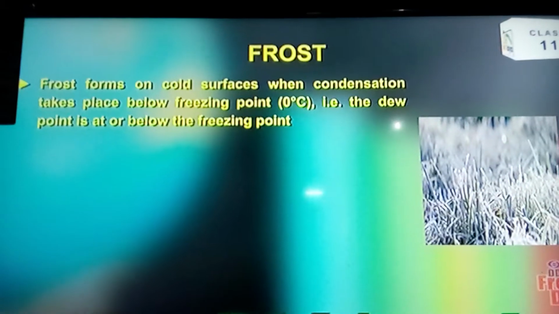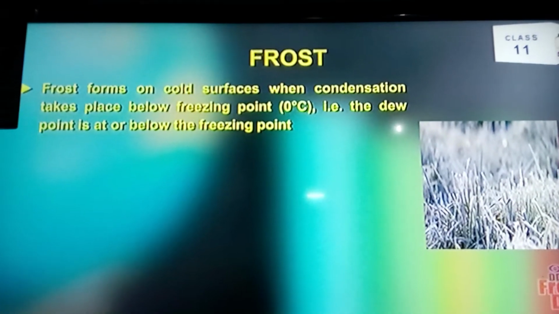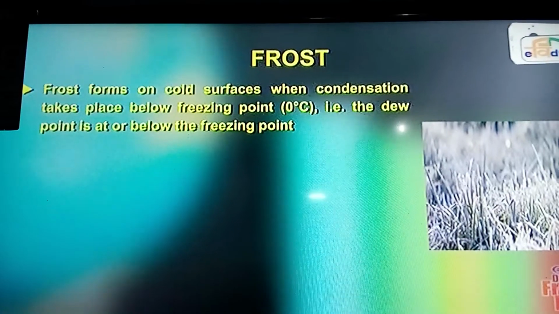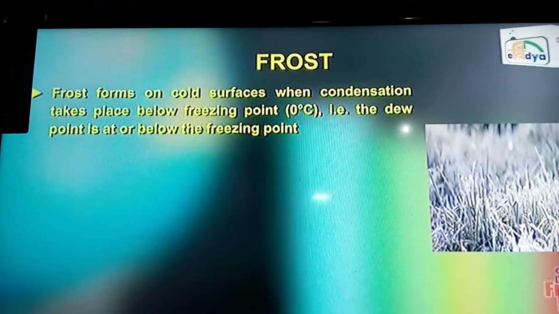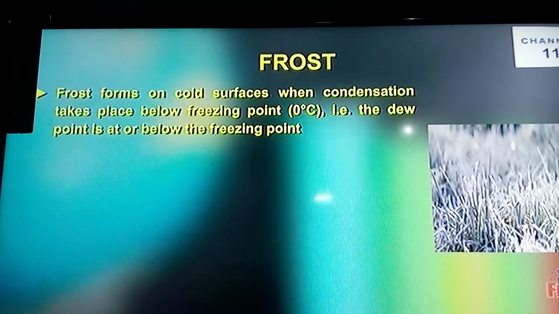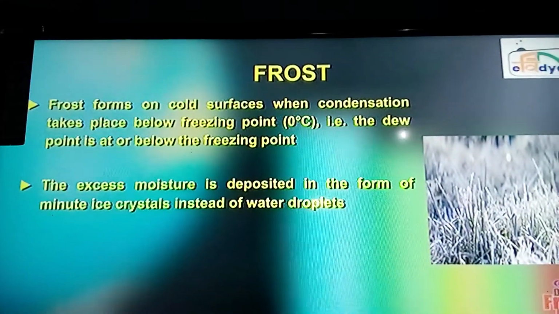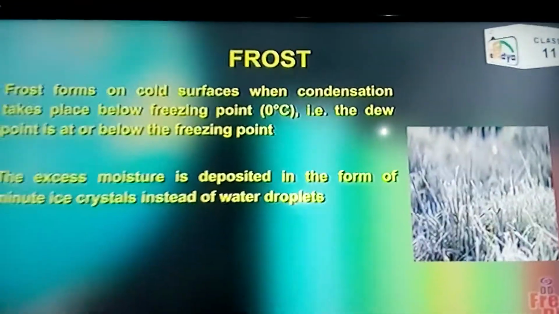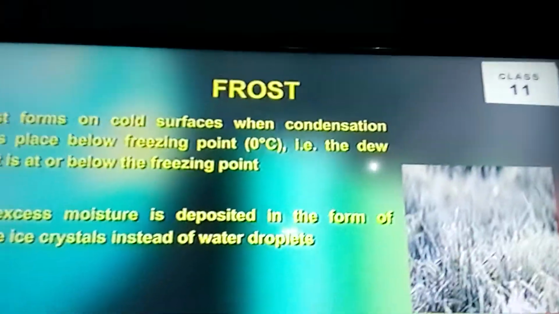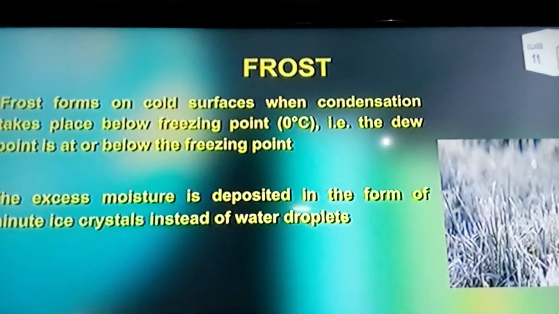Now, what is frost? Frost forms on cold surfaces when condensation takes place below freezing point. That is, the dew point is at or below the freezing point. The excess moisture is deposited in the form of minute ice crystals instead of water droplets.